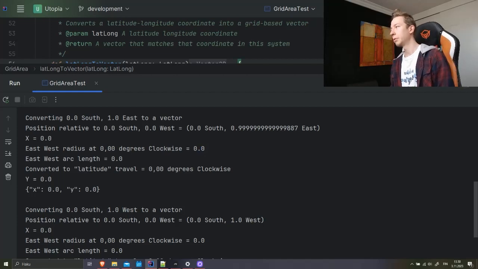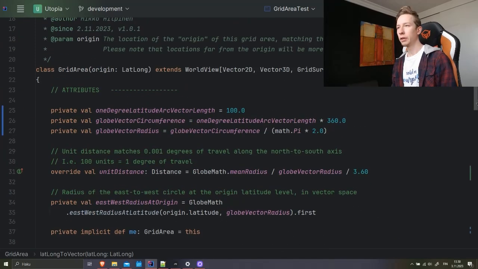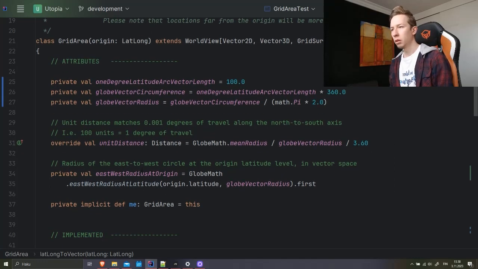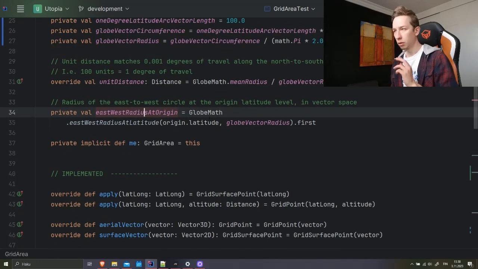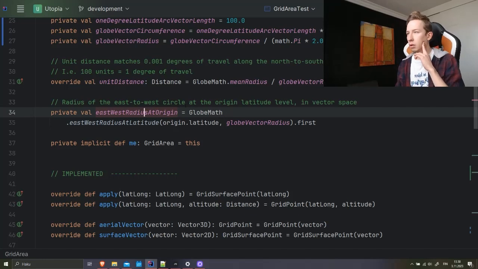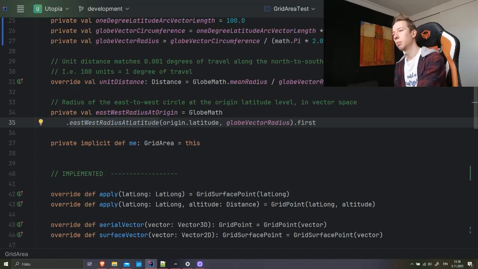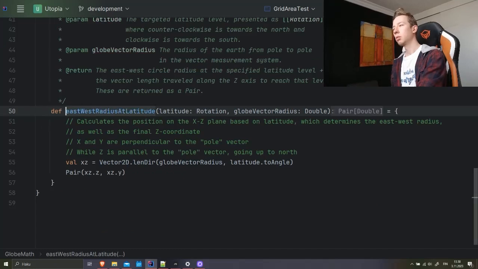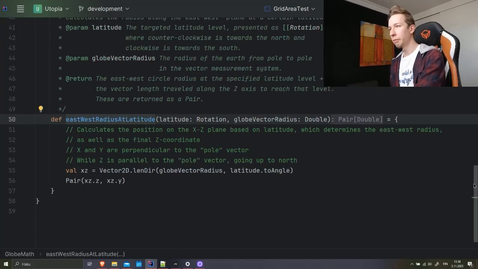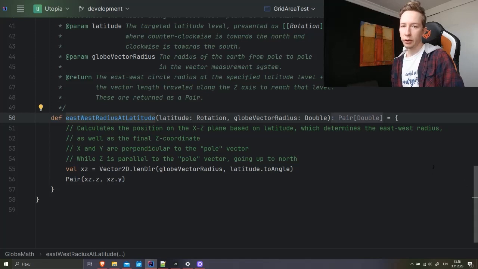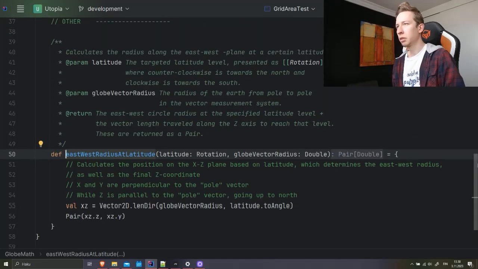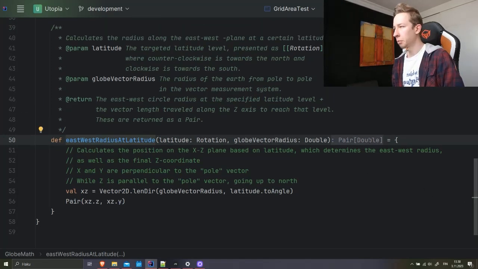Yeah, that's the problem. So why is it a problem? East-west radius at origin is Clove math, east-west radius at latitude. Okay, so it might be this function. That would mean we have a problem in our spherical Earth model as well. So good thing we found out a problem.